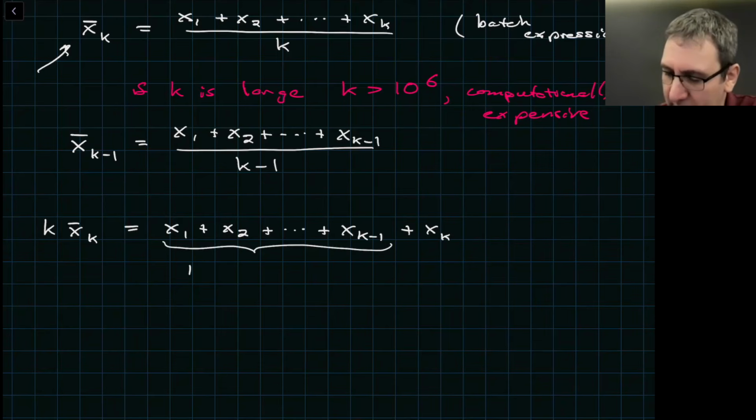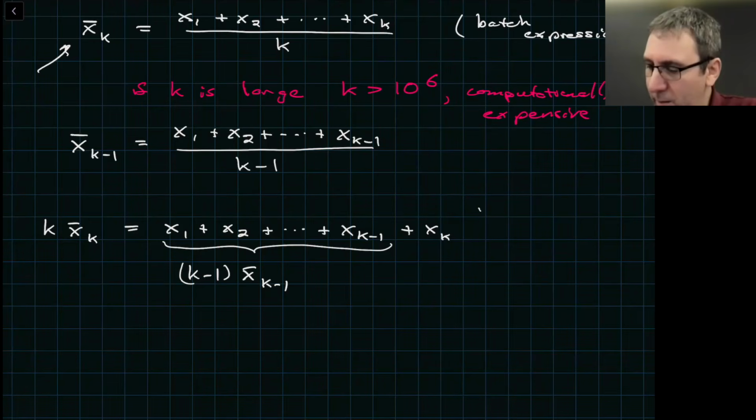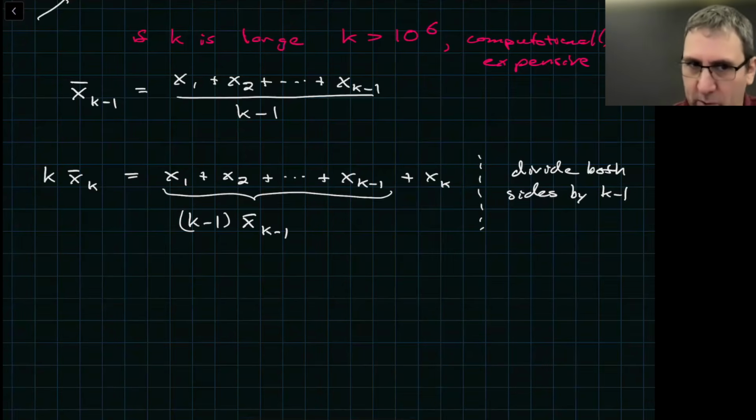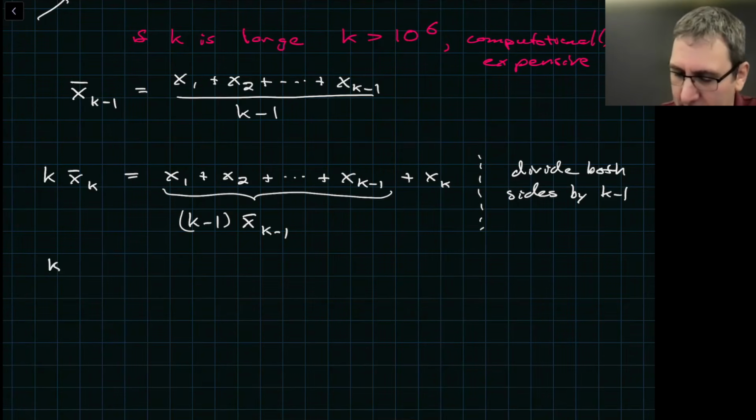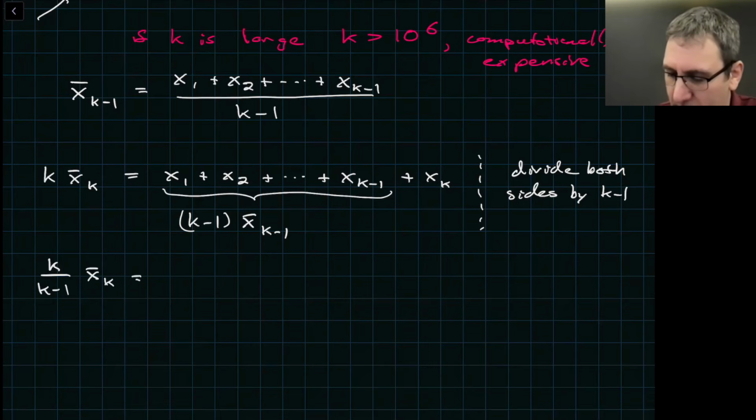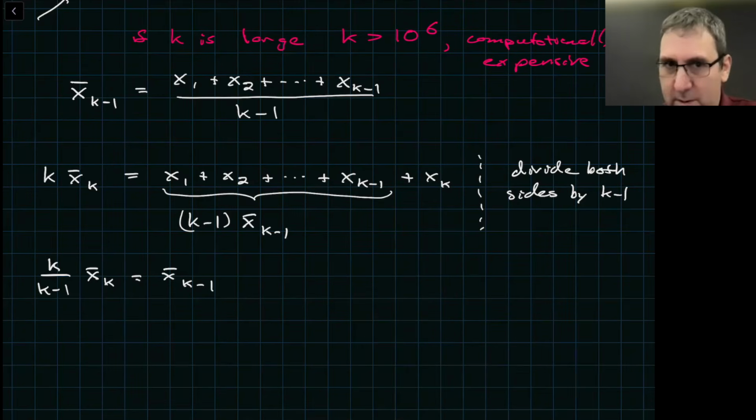We could write it as k minus 1 times x bar k minus 1, plus xk. And now let's divide both sides by k minus 1, and we'll get k over k minus 1 x bar k equals x bar k minus 1 plus xk.